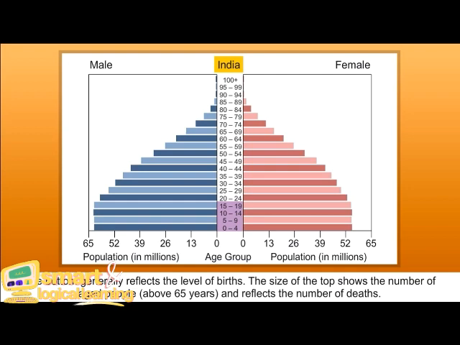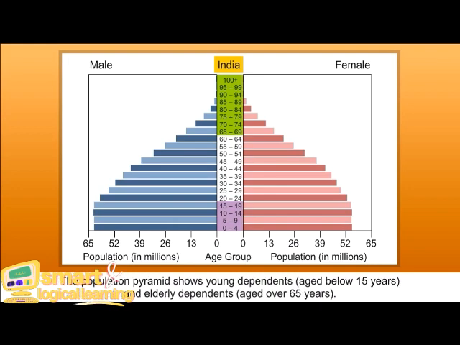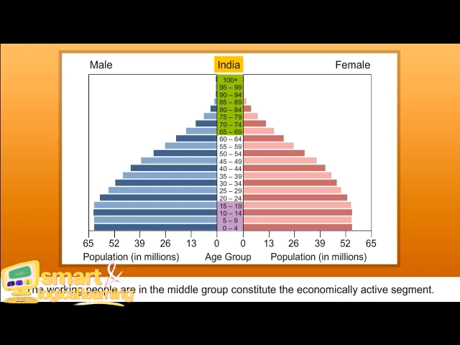The size of the top shows the number of aged people above 65 years and reflects the number of deaths. The pyramid shows young dependents aged below 15 years and elderly dependents aged over 65 years. The working people are in the middle group and constitute the economically active segment.